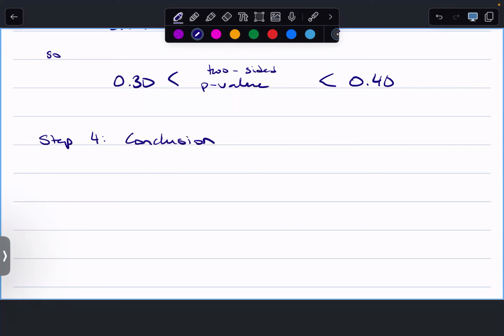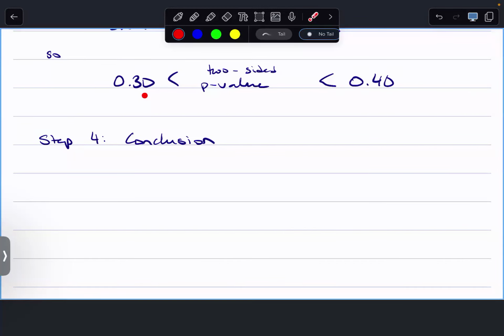Your conclusion. We follow the same setup as before, right? We show off all the things that we know, right? All the things that we're thinking about go into the sentence. What are we thinking about? Well, I'm comparing my p-value to my alpha level. We were told to use 0.05.